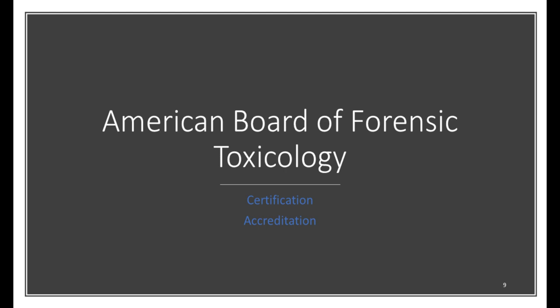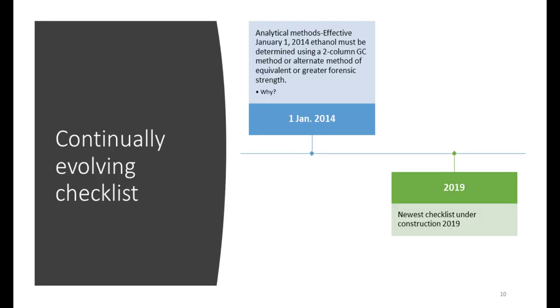In this way, the board aims to establish a practical and equitable system of readily identifying laboratories that have demonstrated the requisite qualifications and competence in forensic toxicology. The accreditation is based upon compliance with professional standards as assessed by peer review and a checklist. Again, it's a continually evolving checklist.